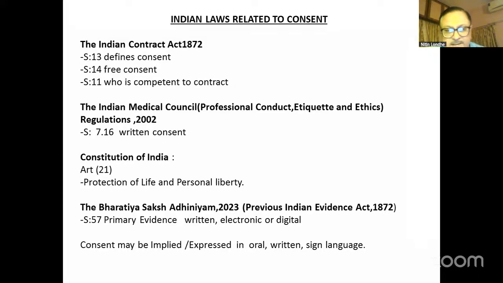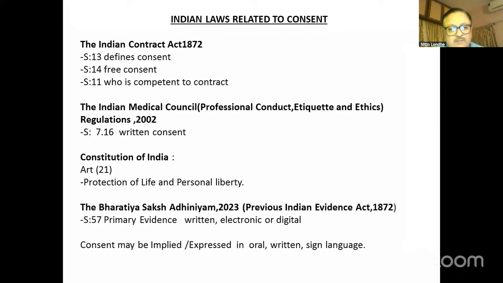And now, in the Bharatiya Sakshya Adhiniyam 2023, which was previously the Indian Evidence Act of 1872, section 57 deals with consent, which is accepted as primary evidence, and its written form, electronic form, or digital form is also elaborated in that particular section.